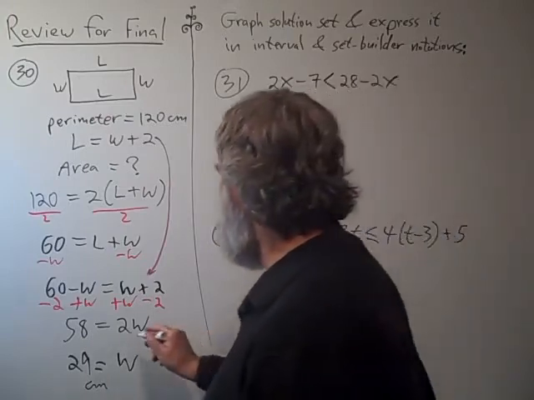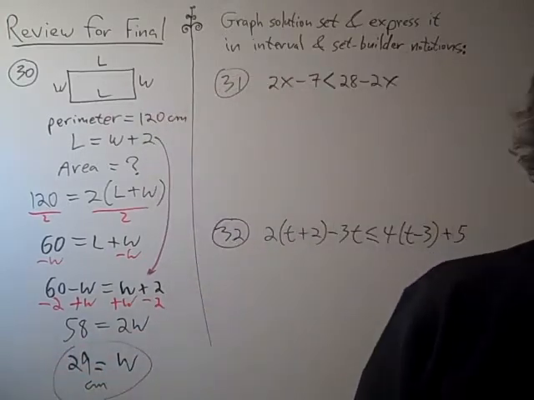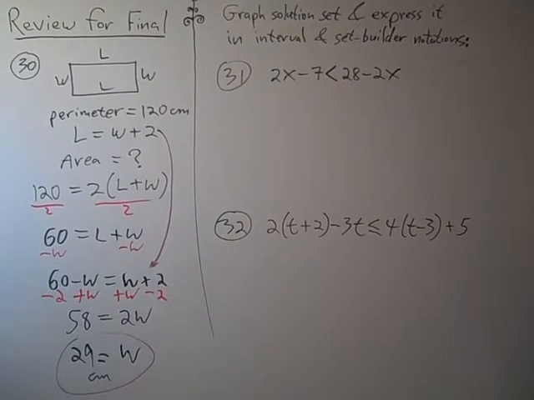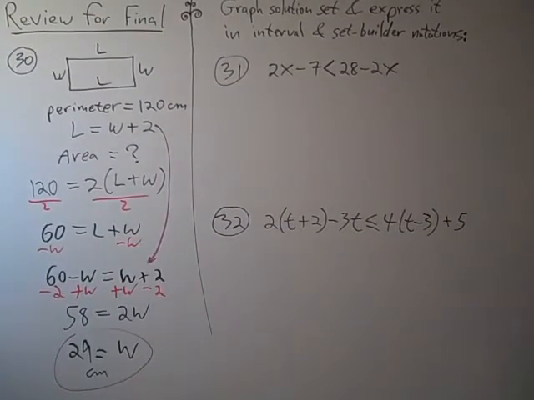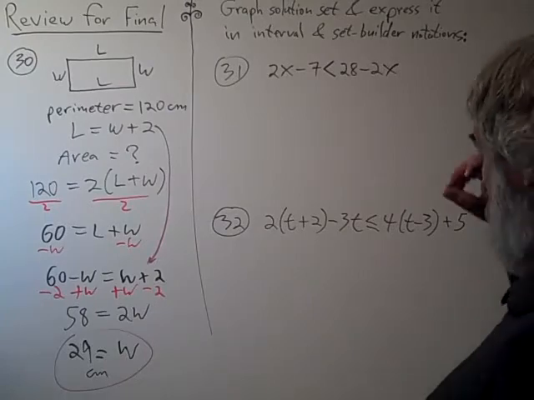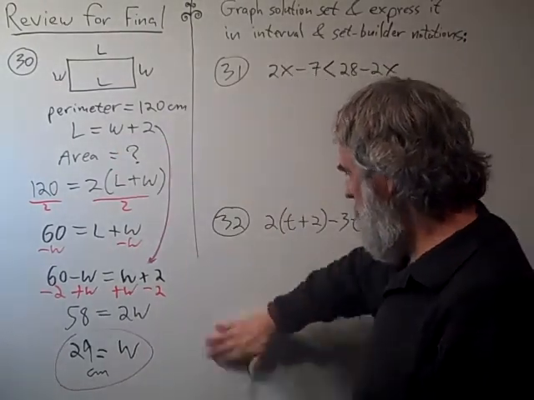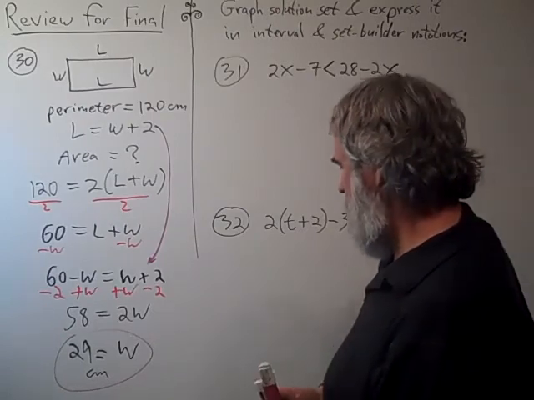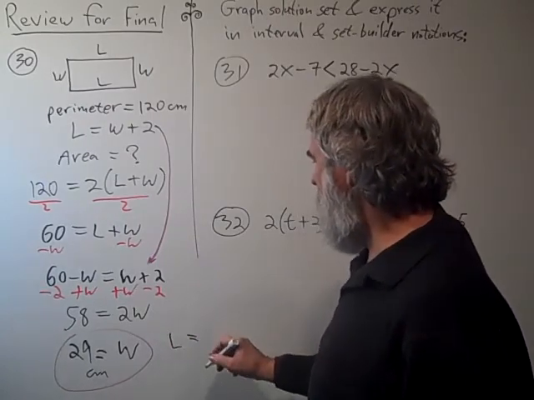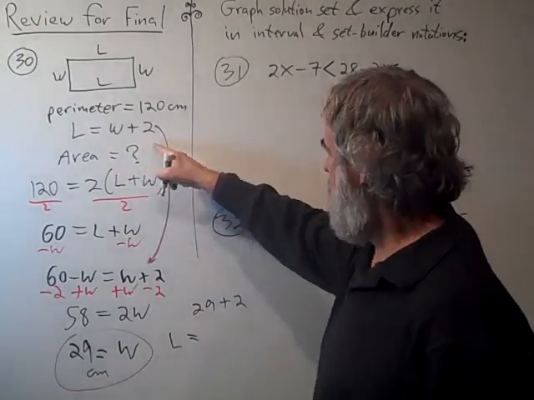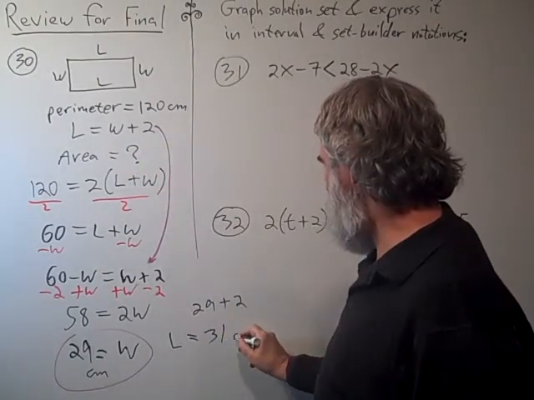Well, we know that the width is 29 centimeters, and therefore we know that the length is 2 centimeters more than the width. So the length is 29 plus 2, 31 centimeters.